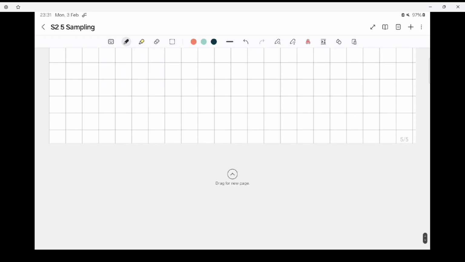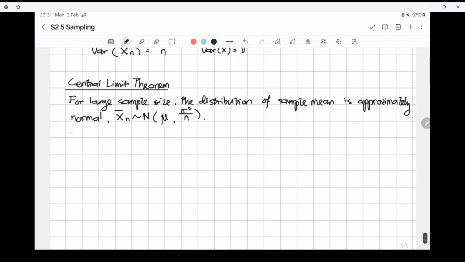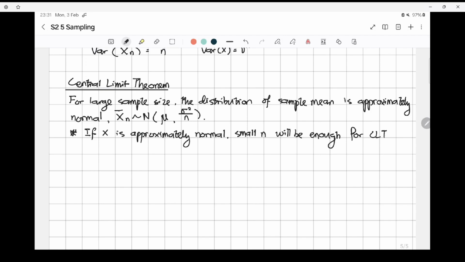So there are two caveats. So this I have to put stars. If your x is approximately normal, then a very small n will be enough for central limit theorem to apply.